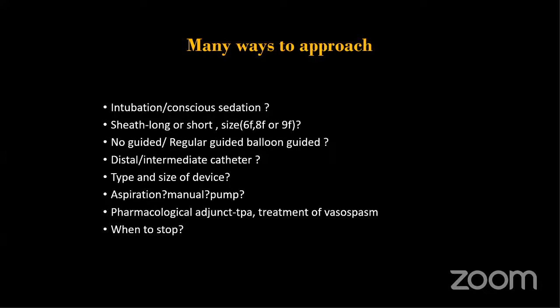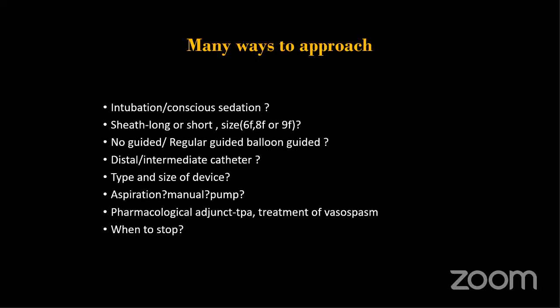Regarding aspiration, would you use manual or pump, and which type of aspiration? We have many catheters now, more than 4 to 5 types of aspiration catheter, and 5 companies competing to produce a new generation of aspiration catheter with good outcome.